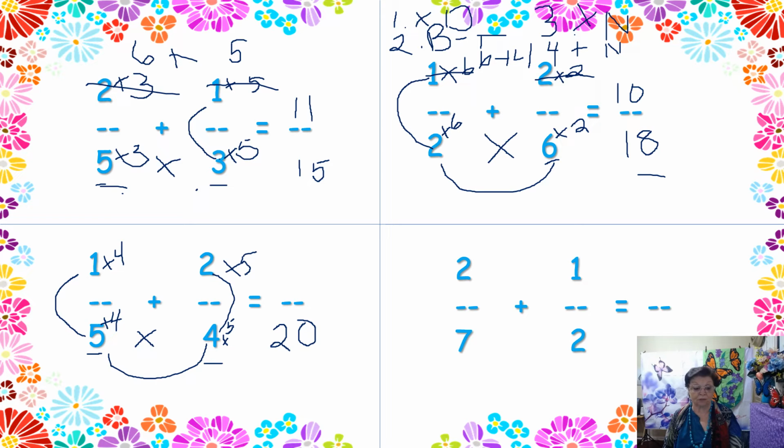Now we're going to multiply the numerators. 1 times 4, I'm going to cross that out because now it's 4. Plus, what's 2 times 5? That's right, it's 10. Now we add the products. 4 plus 10 is 14. Good job. Boom.